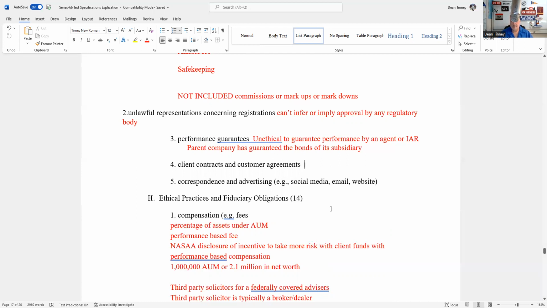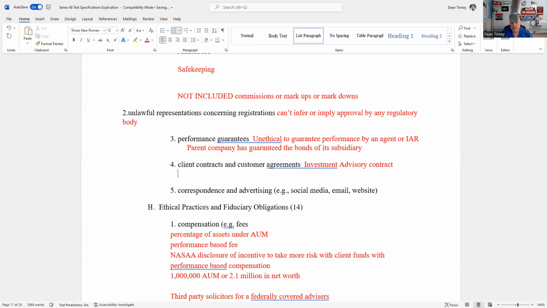So in our investment advisory contract, we're going to spell out the services to be performed.